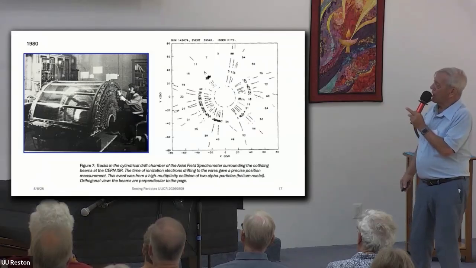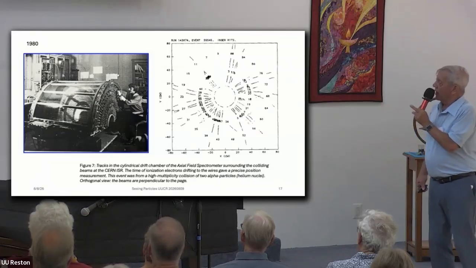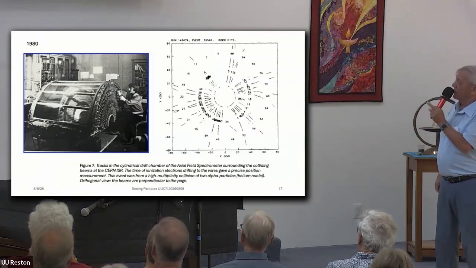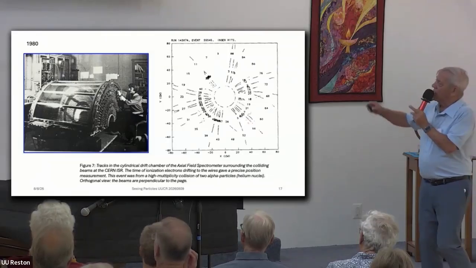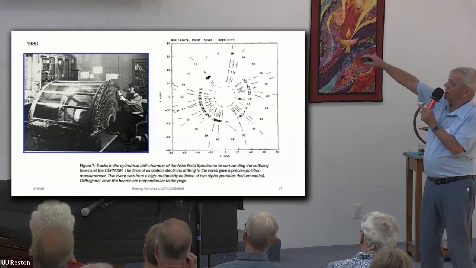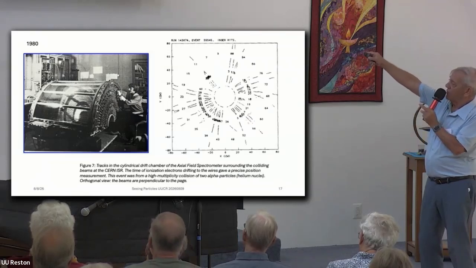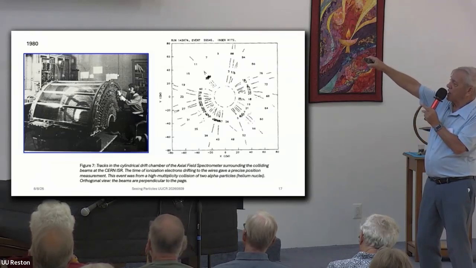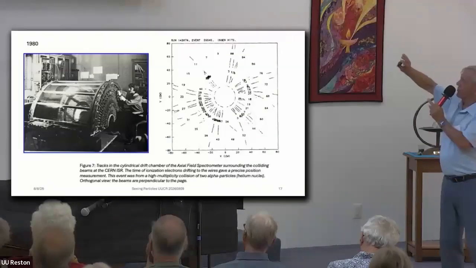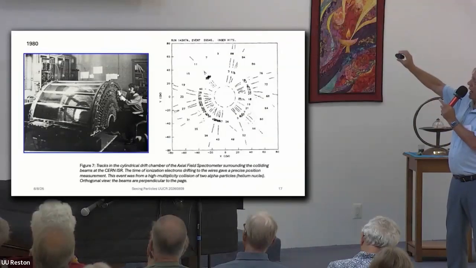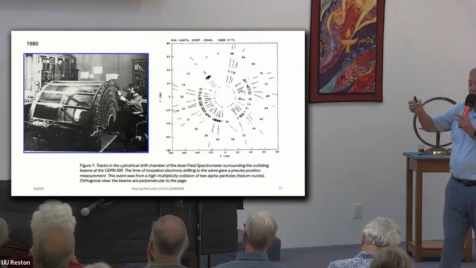And then this developed into other wire chambers, and this is one from an experiment I did later at CERN. This is half a cylinder there, full of wires, thousands of wires, and we measured the discharges on the wires as particles went through. The picture on the right is one of our so-called event displays, reconstructed by a computer. In this case, we collided two beams of alpha particles.